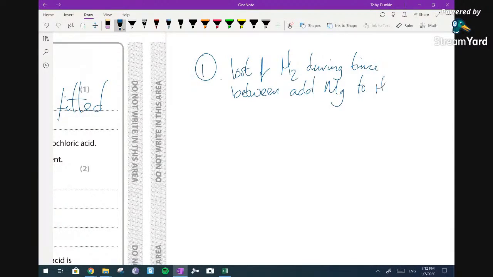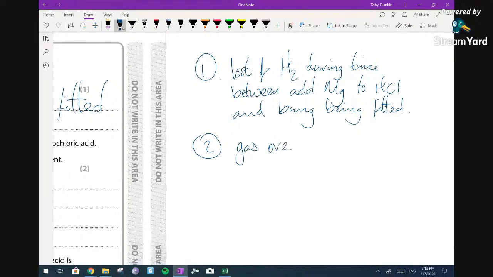To HCl and bung being fitted. Second one, gases are soluble. Some H2 will be dissolved into the water.